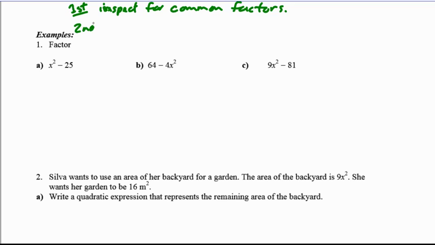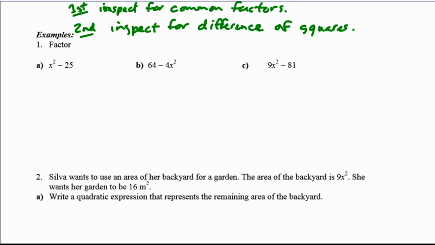Second, inspect for difference of squares. And then third, of course, make your equation.